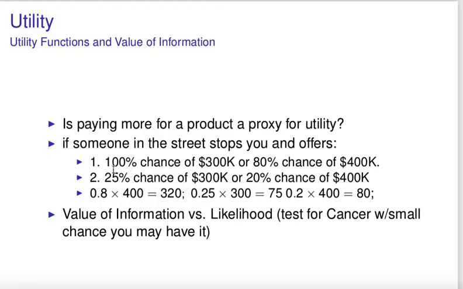Now, another case, what happens if the person on the street says, hey, there's a 25% chance that you will make $300,000 or a 20% chance that you'll make $400,000? Perhaps in here, we're not too bad because both chances are slim. So maybe we'll just take the $400,000 because maybe we would have never won the $300,000 anyways.